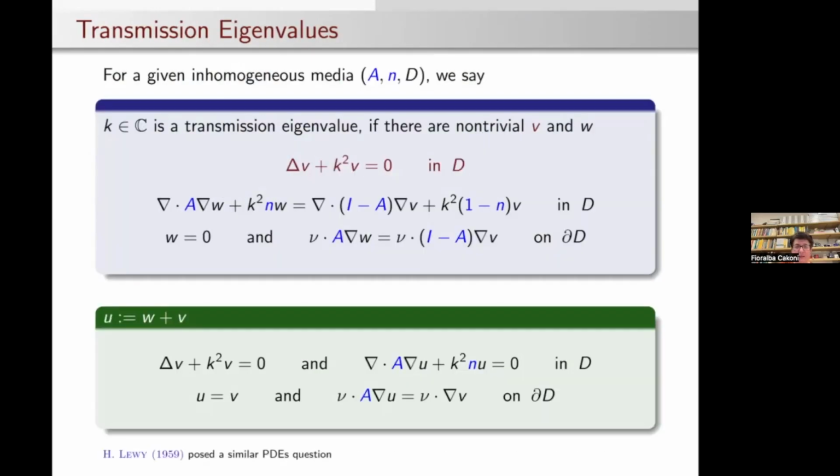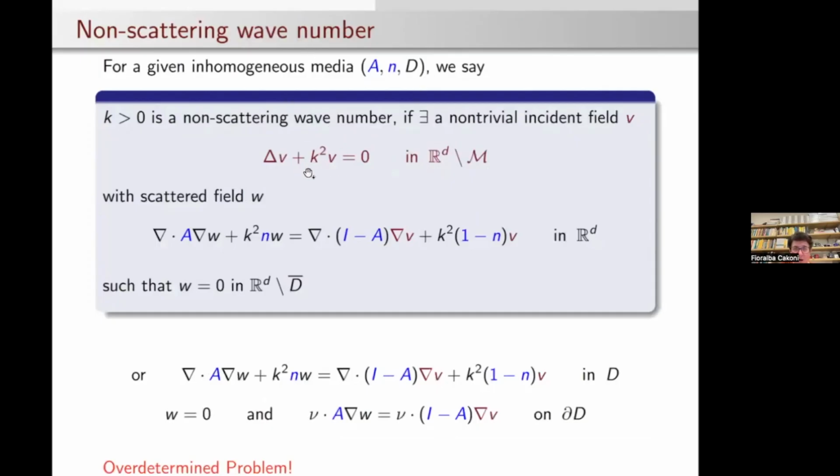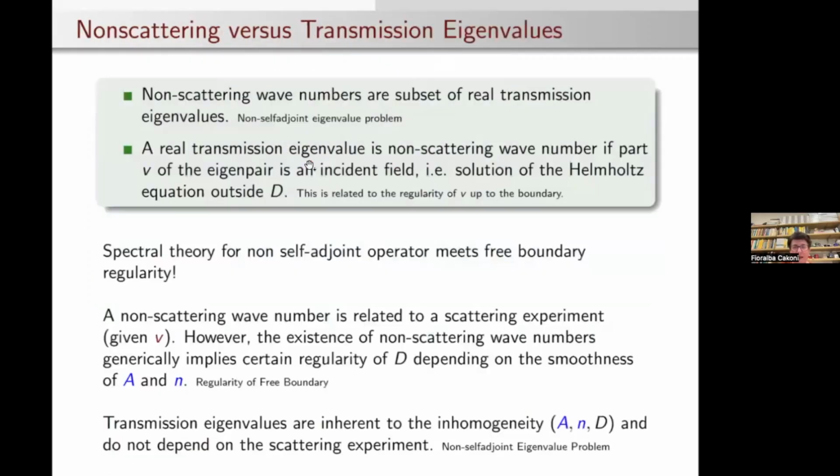So if you see now the transmission eigenvalue problem, the transmission eigenvalues contain the non-scattering wave numbers, right? Here I summarize this discussion. I hope you followed the mathematical formulas, but basically non-scattering wave numbers are a subset of real transmission eigenvalues.